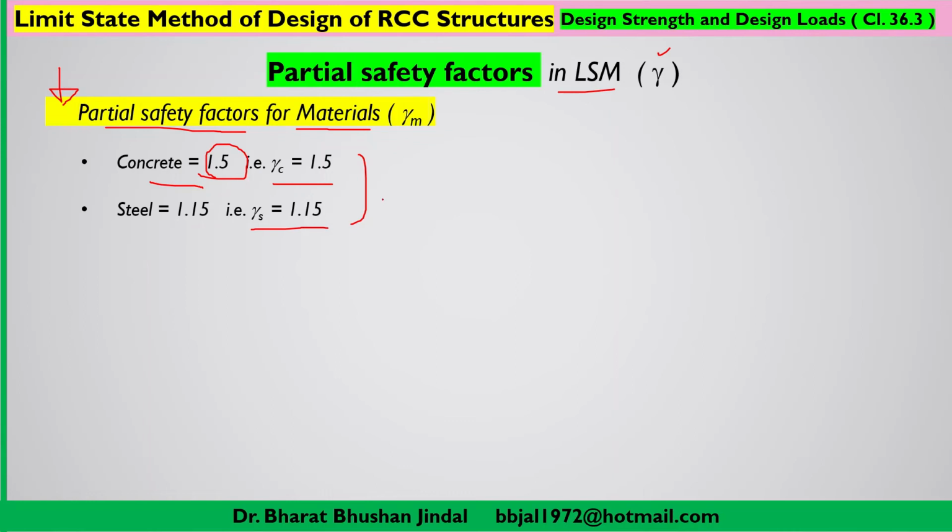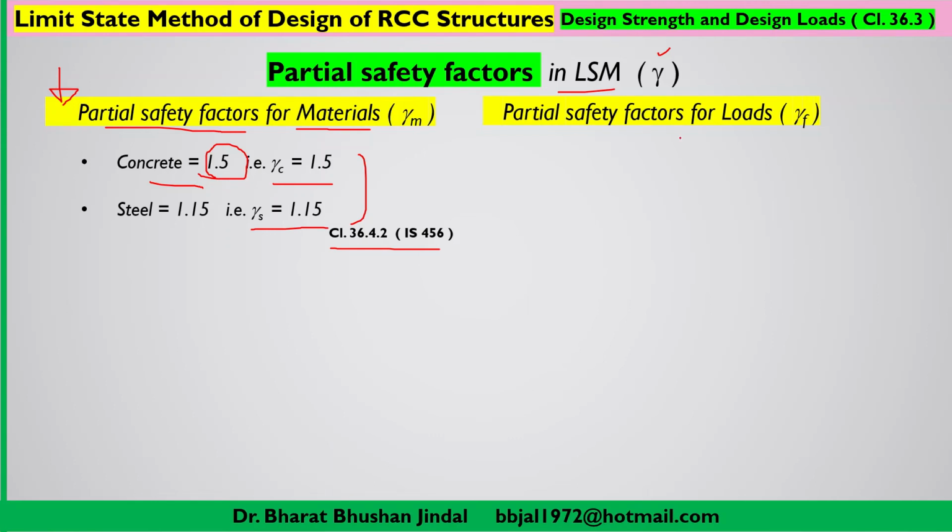So why we are taking this, you can refer any standard material, and this will be the first question for all of you. So you can just get the information and write in the comment section. You can refer clause number 36.4.2 of IS 456 for partial safety factor information regarding the material.